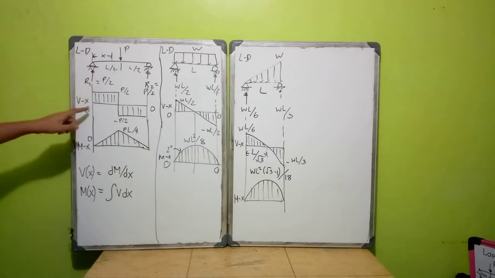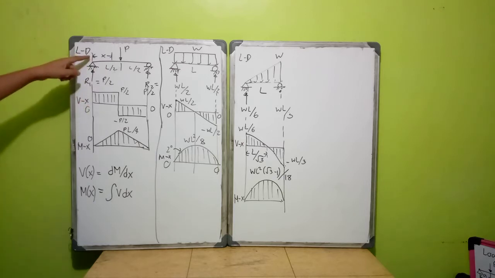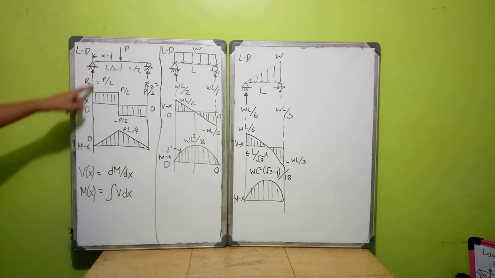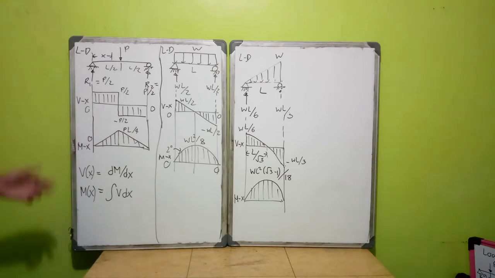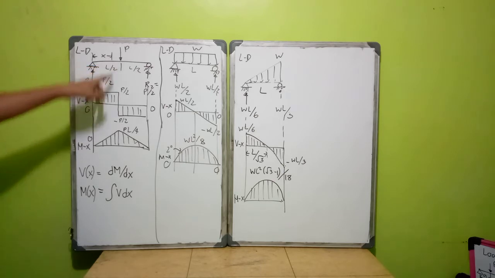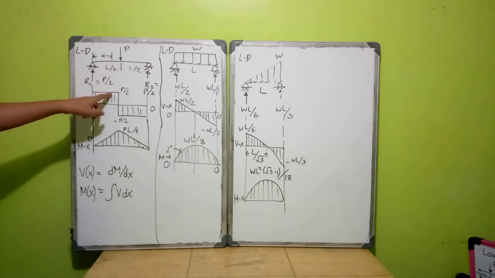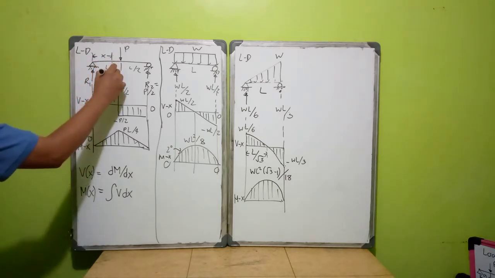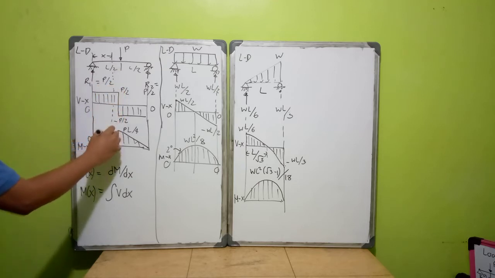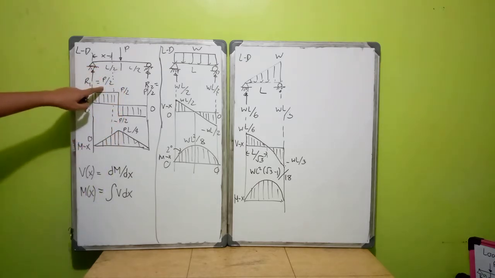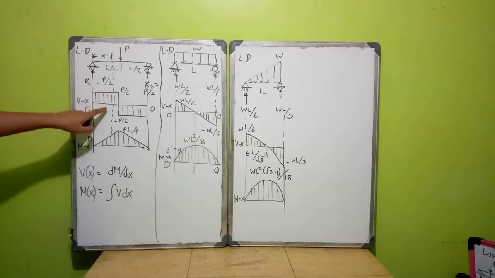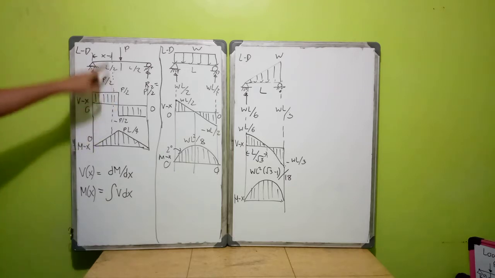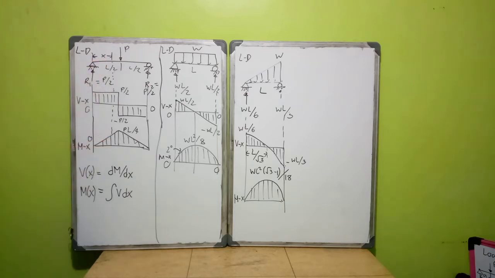So let us say you are trying to find the value of your shear at x from the leftmost support. By looking at the shear and moment diagrams or graphs, you will see the value of your shear, or internal shear, at that point, and also your moment.